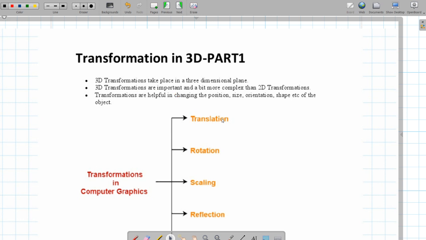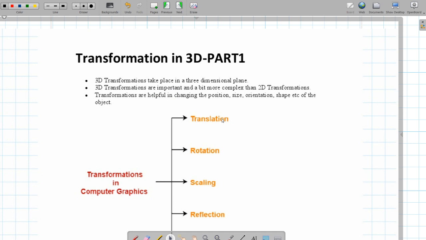Now, why are they important? Although two-dimensional transformations and two-dimensional representations usually seem simple to us, our nature itself is three-dimensional. We ourselves view the things around us in three-dimensional space.